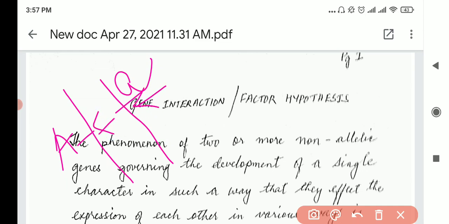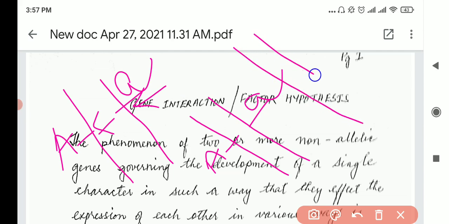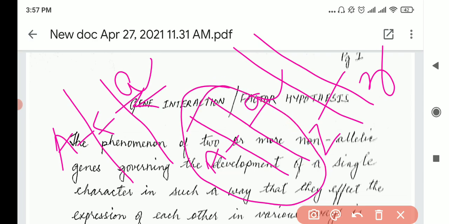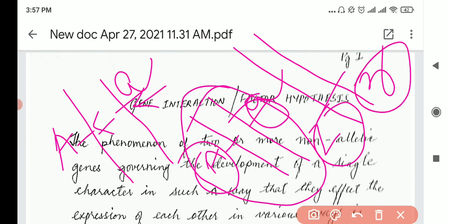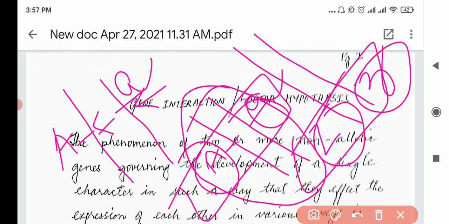But when we talk about gene interaction, let's say this is one pair of chromosomes, A and A, and then this is another pair of chromosomes, Z and small z. Okay, so these are alleles. A and small a are alleles. Z and small z are alleles, but A and Z, they are not alleles.